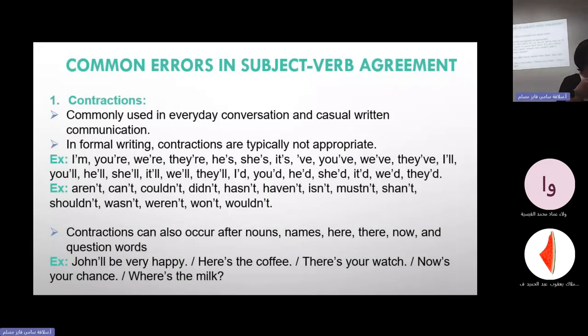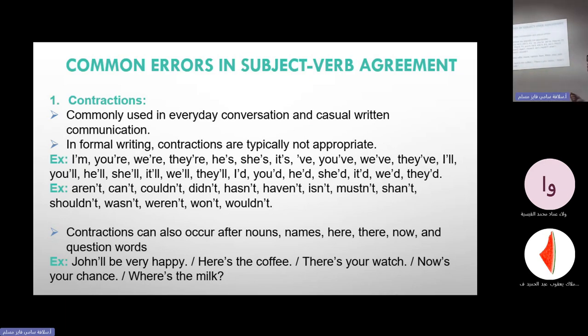We have some common errors in the subject-verb agreement. Many times people fall into these mistakes. What are these mistakes? The first mistake that people make when writing or when trying to do the subject-verb agreement is contractions. What are contractions? Abbreviations. Okay, abbreviations of verbs.